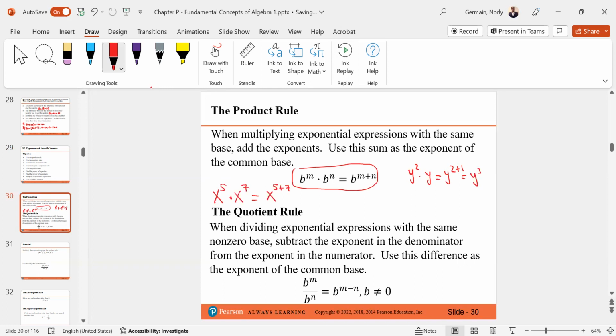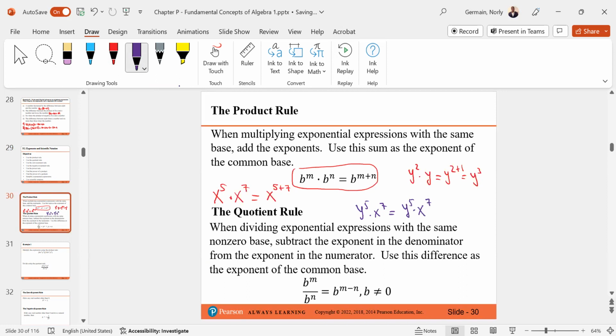But you need to make sure you see that the bases are the same. Let's suppose you see y power 5 times x power 7. What would that be? You cannot add the exponents because the bases are not the same. So this one stays as is.